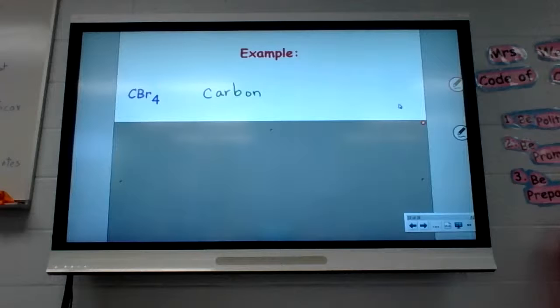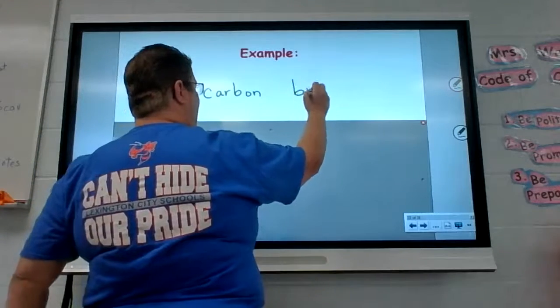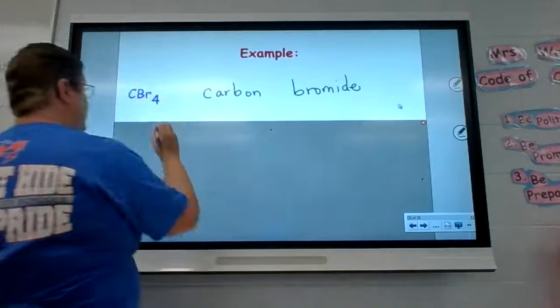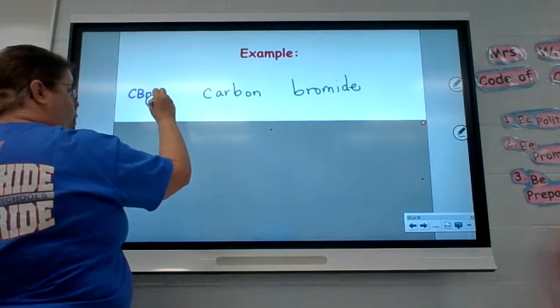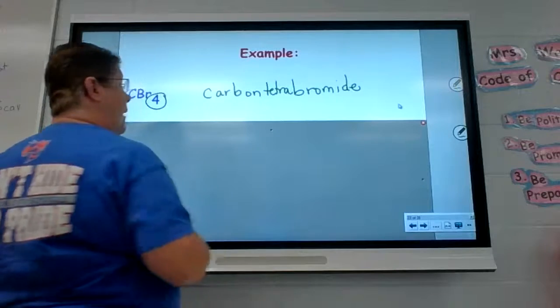When I give them tetra, they get it wrong. When I give them the number, they give me the wrong prefix. I have no idea why. Okay? So, Br is what? Okay, so it's bromide. And we look at the subscript, and this is a 4. So we write tetrabromide.